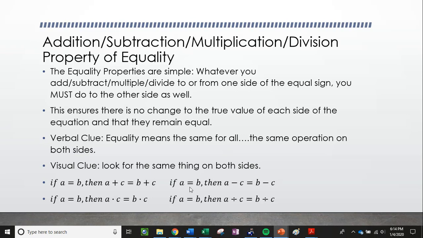If A equals B and I'm going to subtract C from the left side, I've got to subtract C from the right side. Same with division. A divided by C, well, then I've got to divide B by C also. And again, we'll get into this more when we get into solving equations and inequalities. But what you really need to know is that if you do something to one side, you've got to do it to the other side as well.